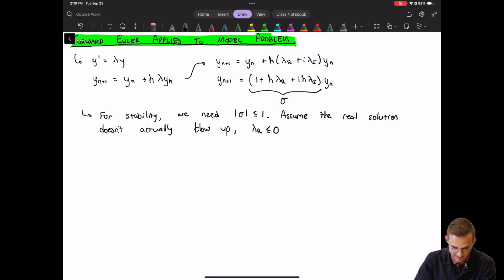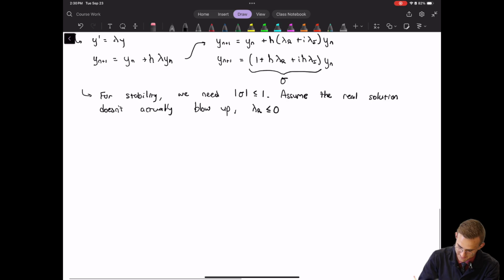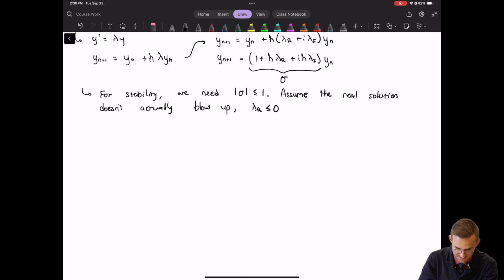Okay, we're going to make that assumption up front, and then we get this equation, right, where the absolute value, or the magnitude of sigma, is equal to the square root of 1 plus h lambda r quantity squared plus h squared lambda I squared.